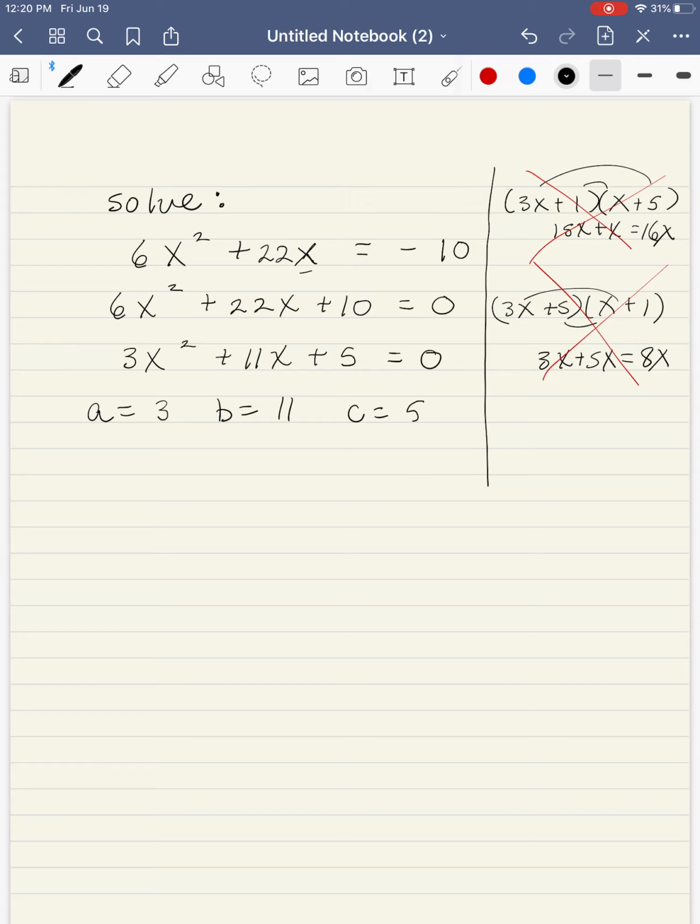All right, we see that A is 3, B is 11, and C is 5. So we write our quadratic formula: negative b plus or minus the square root of b squared minus 4ac all over 2a. And then I plug in my numbers.